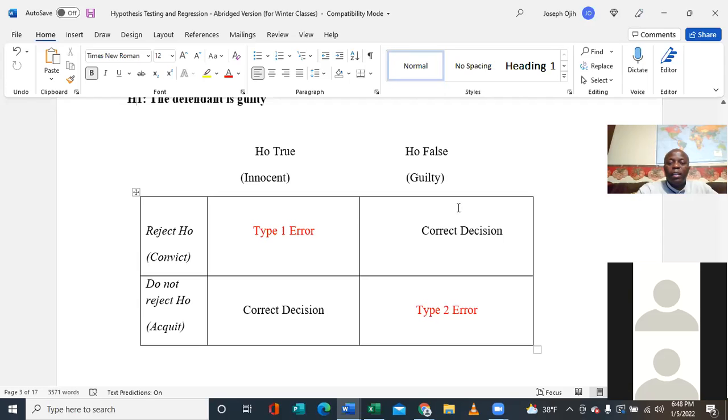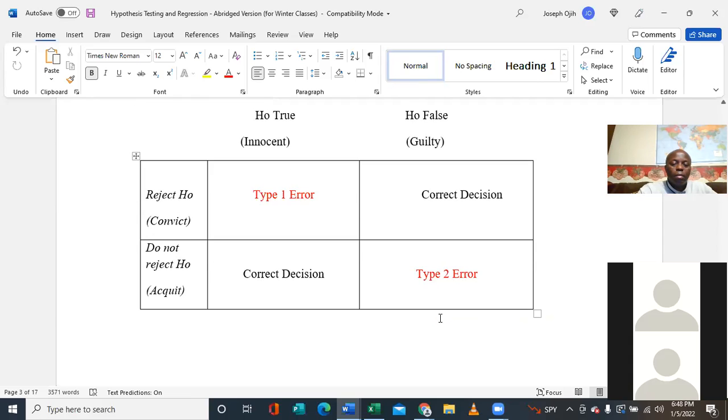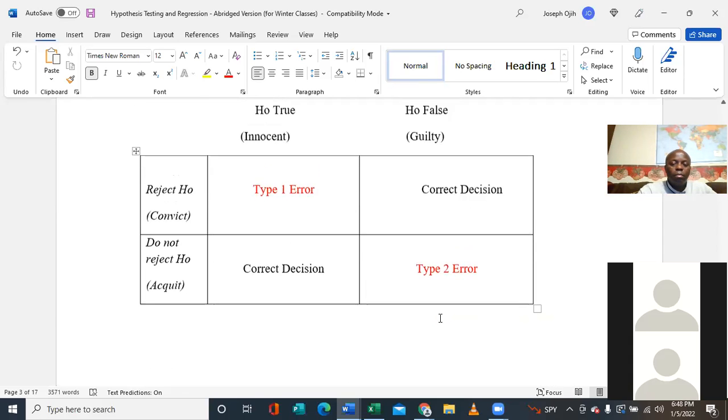And if the defendant is guilty, but there's not enough evidence for the jury to convict, that means he was acquitted, which means the null hypothesis is not rejected, then they have committed type 2 error. Okay, any other question?